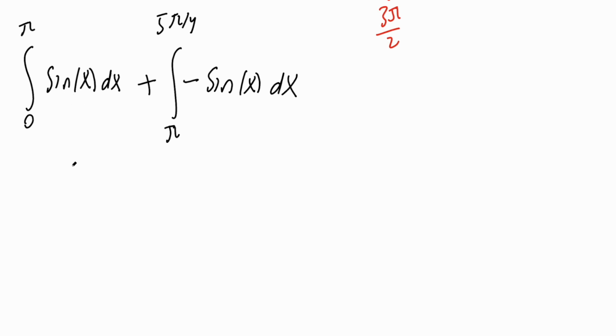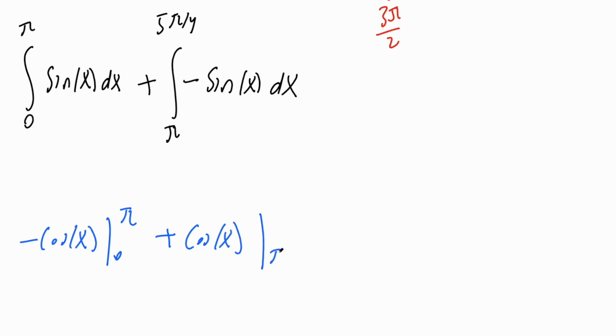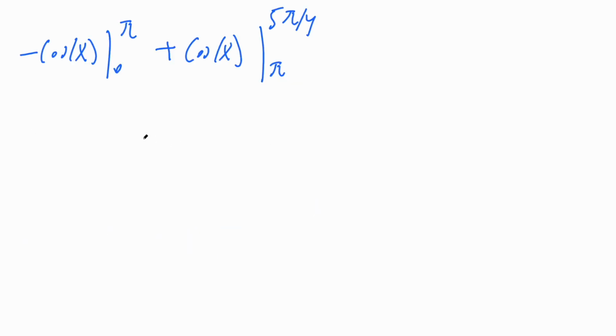And the integral of sine x is negative cosine x, and it goes from 0 to pi. And the integral again of sine x is negative cosine x, but you have a negative, so it's going to be a plus cosine x from pi to 5 pi over 4. Now all we have to do is swap.